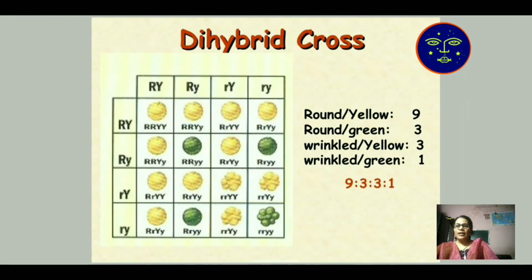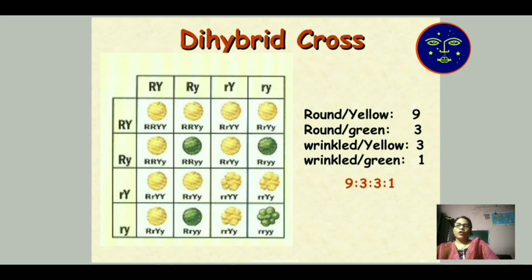This is the dihybrid cross along with color. Round yellow means both are dominant characters, which are totally yellow in color. Only capital R small y is green, and small r small y is green.